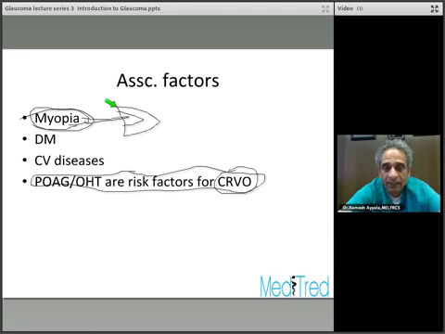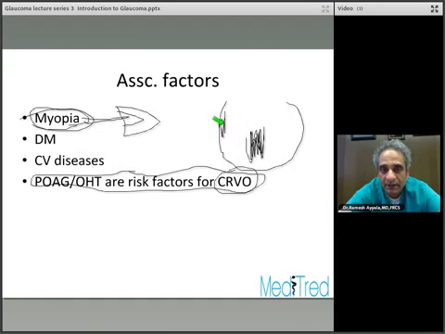They have thin sclera, so it's like puncturing a balloon, and the sclera can collapse inwards because it cannot withstand the inward force that's being exerted by the extraocular muscles. I'm trying to draw the superior rectus here, and you have the medial rectus here, and you have the lateral rectus here, and the obliques, and so what happens is this.